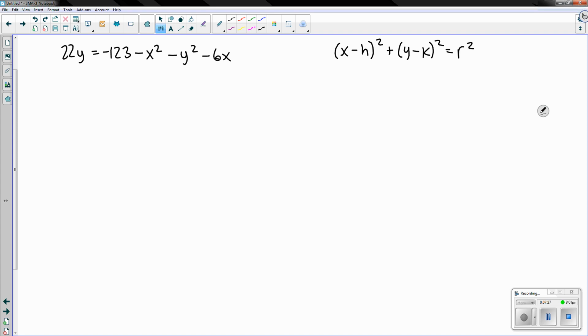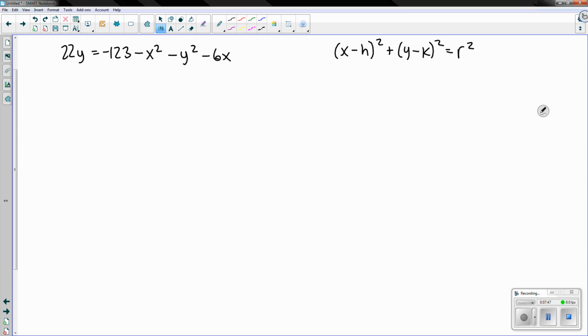So we're going to manipulate this equation by moving all the variable terms to the same side and the constant terms to the other. Because when we looked at x squared plus bx, there's no constant term needed to actually complete the square. All we want to look at is the quadratic term and the linear term.